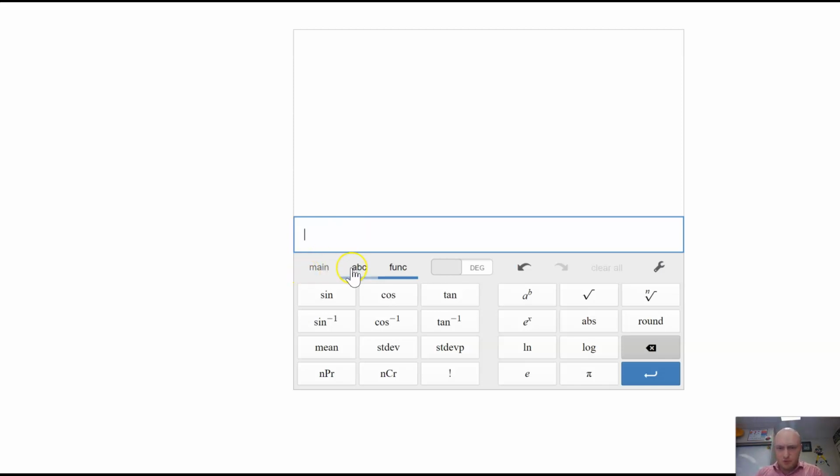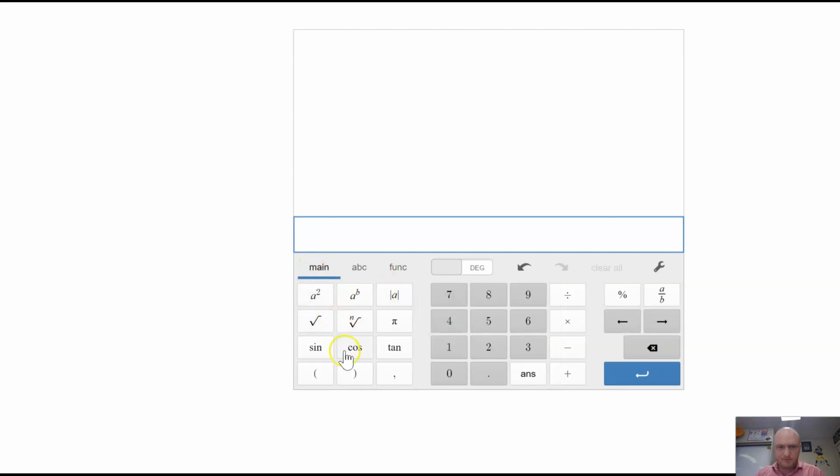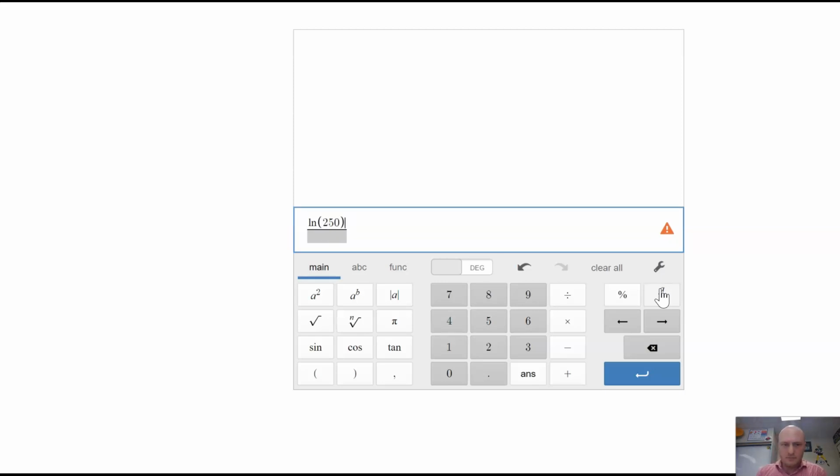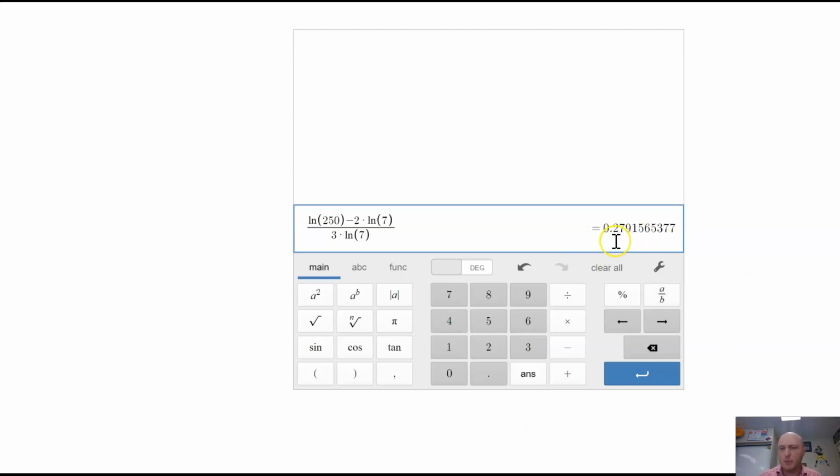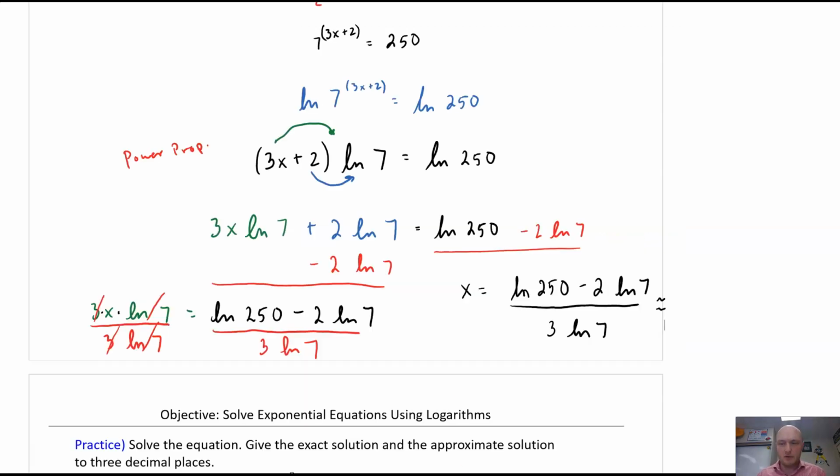So we had natural log 250 minus 2 times the natural log of 7 divided by 3 times the natural log of 7. Okay, and here's our answer, approximately 0.279. Approximately 0.279.